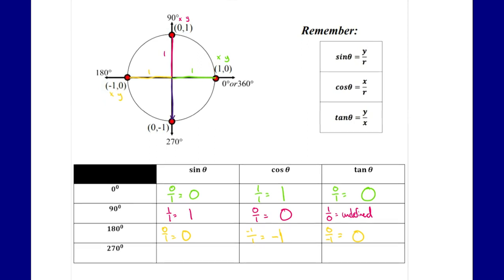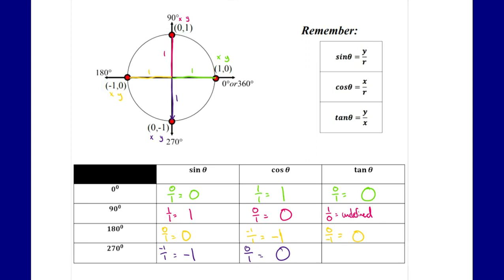And last but not least, 270 degrees. We got 0 for x, negative 1 for y, and a radius of 1, again, because it's that unit circle. So for sine, y over r, negative 1 over 1 equals negative 1. For cosine, x over r, so 0 over 1 equals 0.